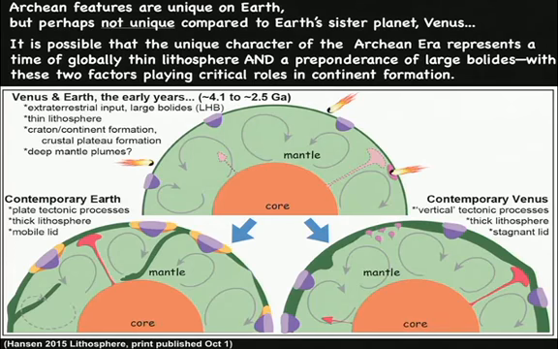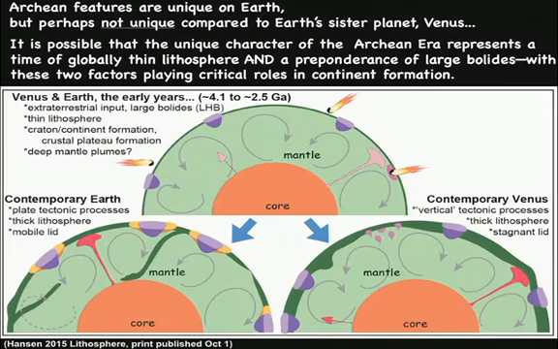Some of the Archean cratons had their roots stripped away, and they were recycled to the mantle, and we no longer have a history. Once we have plate tectonics, this process occurred only in the Archean. When the lithosphere thickens up, or we lose our large bolides, we are no longer going to form those unique features. They went their separate ways.